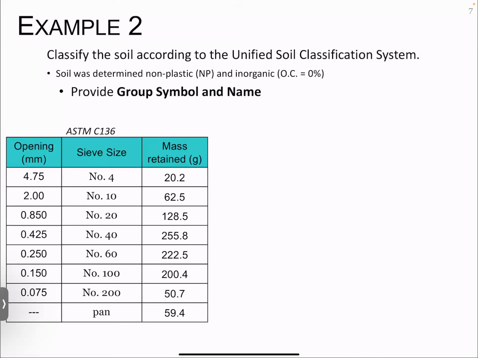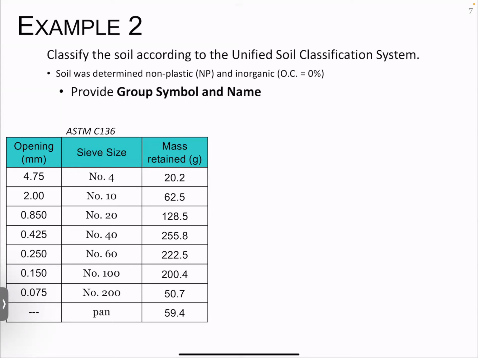So everything passing the number 200 is our fine soil. Just by looking at this, how many grams of fines would we have? Yeah, 59.4, right? Because that's how much is past it. How many grams of gravel would we have? 20.2, yeah, because that's what's above it.